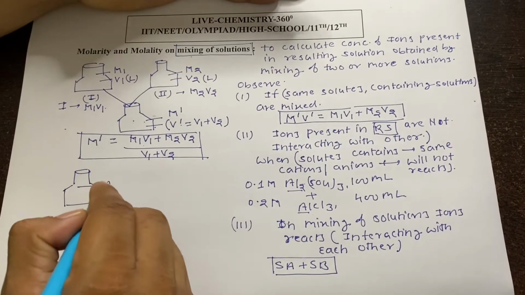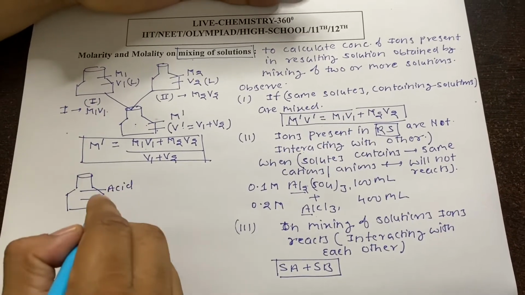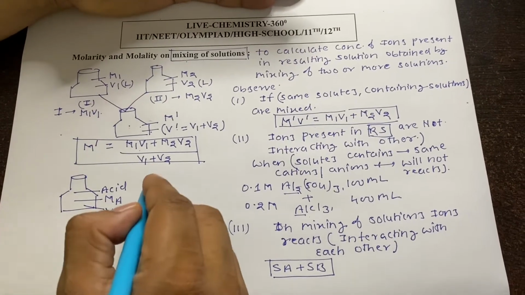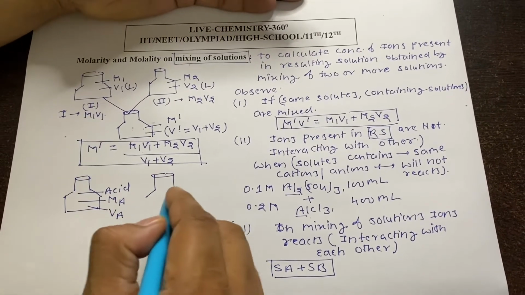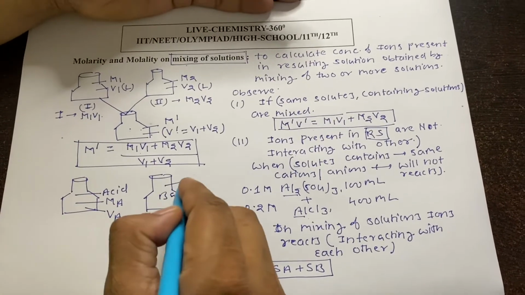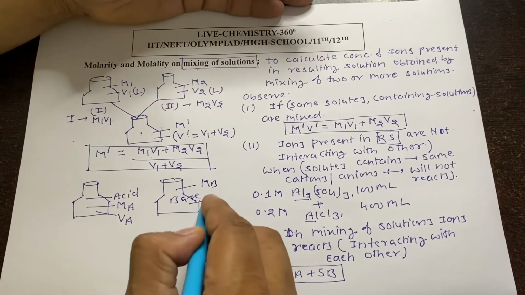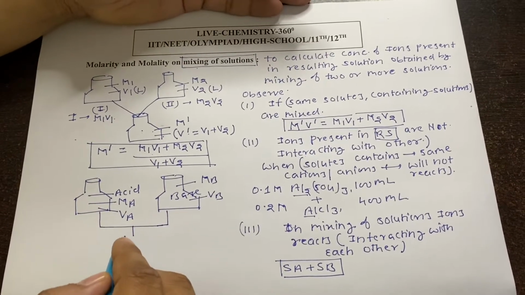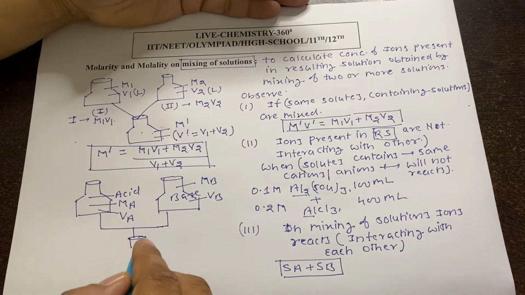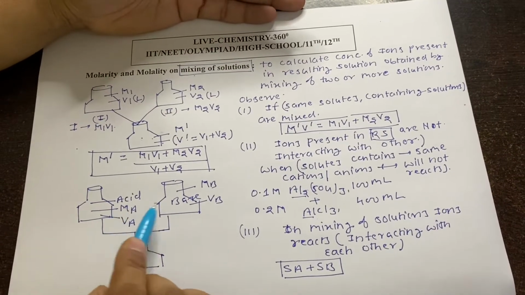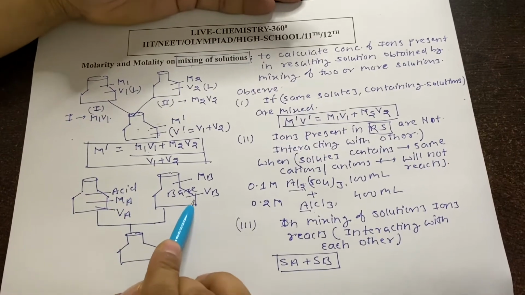This is acid and the concentration of acid is taken as Ma and the volume of acid is Va, and the concentration of base is Mb and the volume is Vb. So when we are mixing this acid and base and preparing a resulting solution, obviously some part of the acid will be neutralized by the base.